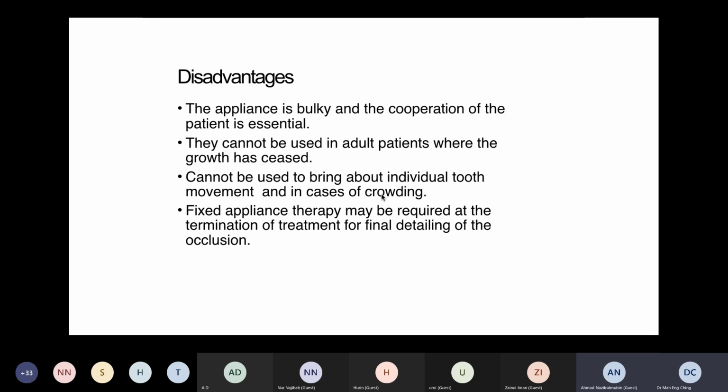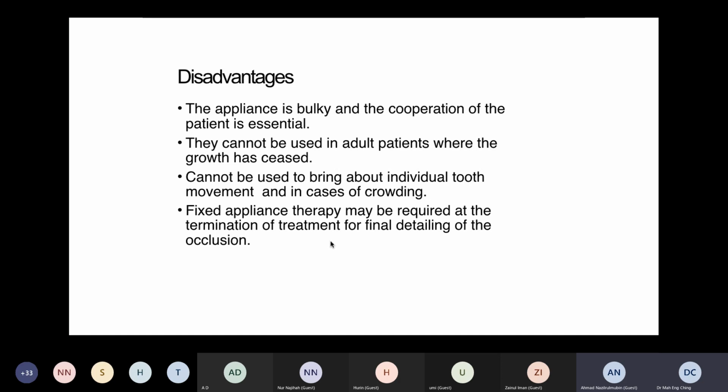Fixed appliance therapy may be required at the termination of the treatment for the final detailing of the occlusion. So if the patient started with myofunctional, it doesn't mean they can avoid the fixed appliances. Sometimes, even though we bring the teeth back, let's say we settle the overjet, overbite problem, the patient still has a crowding or spacing problem.